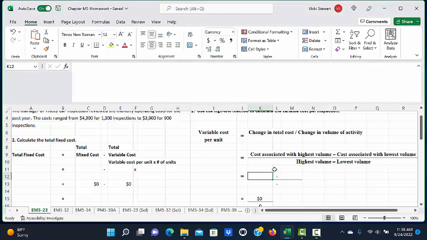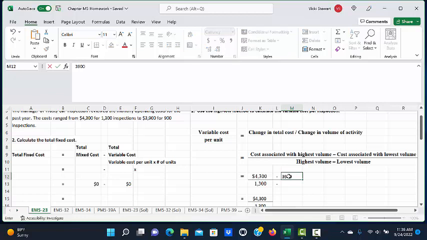So the problem gave us the cost associated with the highest volume of $4,300, and the volume associated with that was 1,300 inspections. It gave us the cost associated with the lowest volume, which was $3,900, and that was associated with 900 inspections.